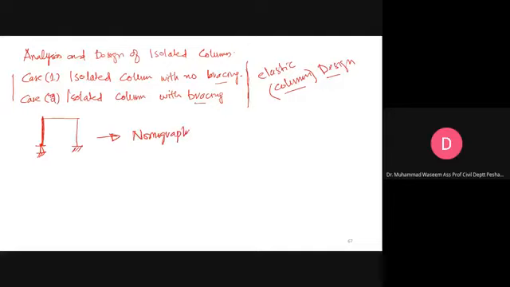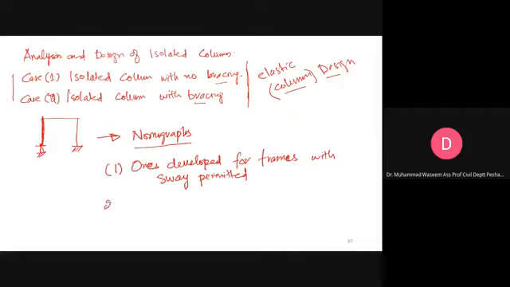nomographs, very simple nomographs. There are two types of nomographs. One developed for frames with sway permitted.